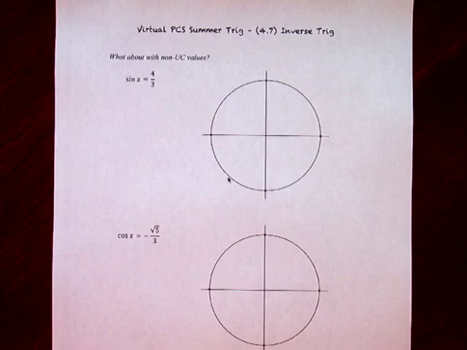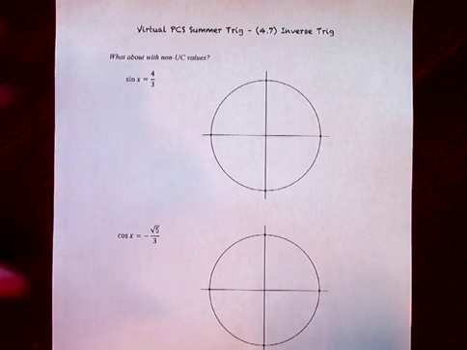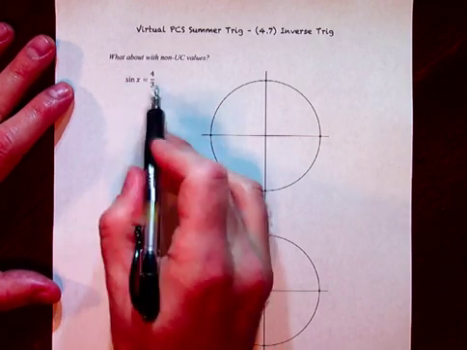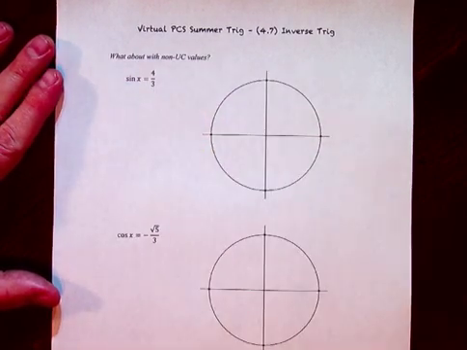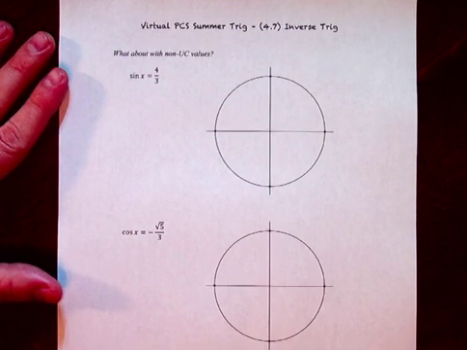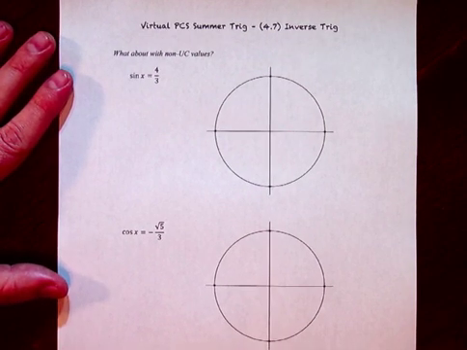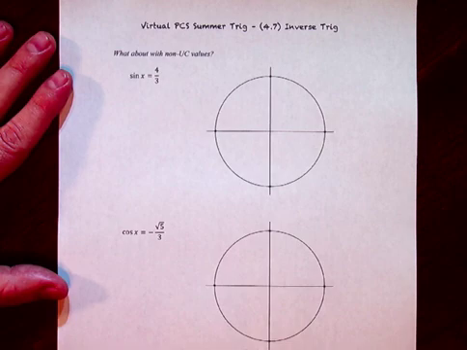So let's go ahead and start off with this one. This first one probably shouldn't have been the first one that we did, but let's go ahead and do it. Sine x is equal to 4/3. Where is sine x equal to 4/3? The answer is nowhere.